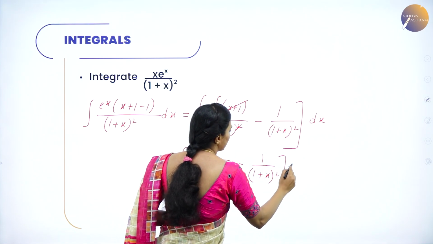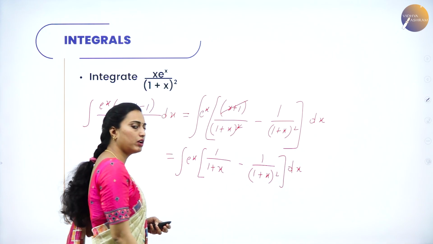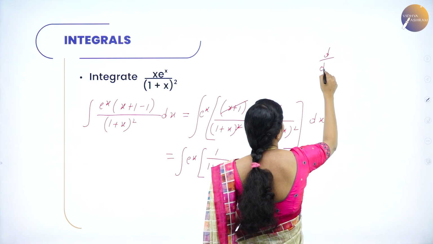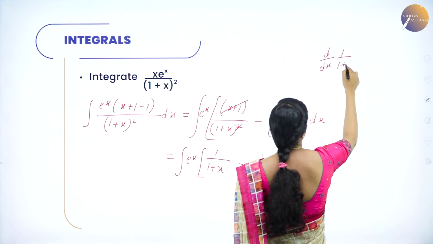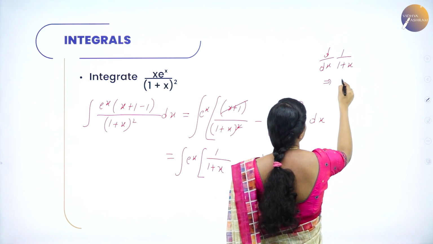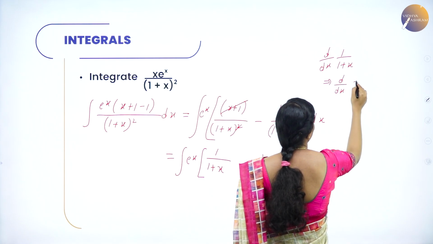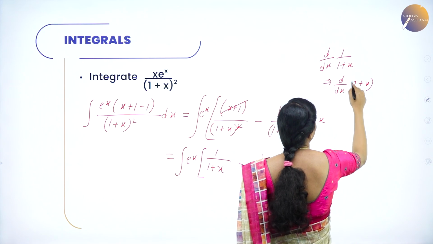Now you can guess, what is the differentiation of 1 by 1 plus x? d by dx of 1 over 1 plus x, which can be written as d by dx of 1 plus x whole to the power of minus 1.